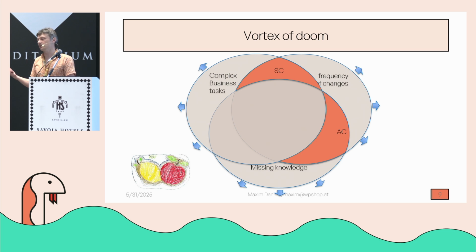Also, accidental complexity. It's exactly the place where it happens. We have missing knowledge in our project, but we should push something to production, and we find some compromises. No matter what happens, we should simply update it, and accidental complexity has high growth in this case.